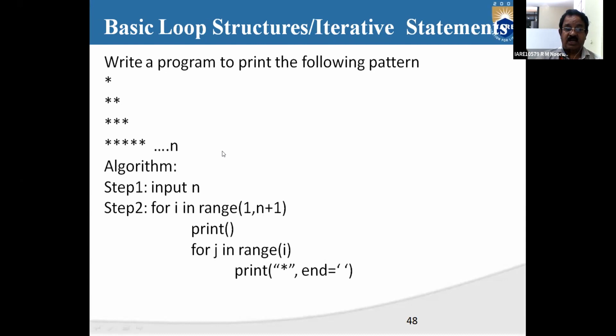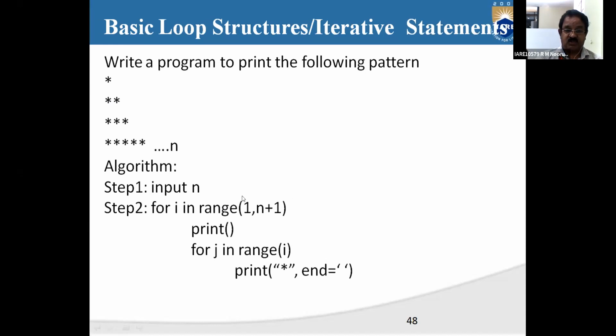If you give n as 10, then it will print 1 to 10 asterisks. How it is printed: first line 1 asterisk, second line 2, third 3, 4, 5, 6, and so on up to n. So for that you will be using the nested for within another for.